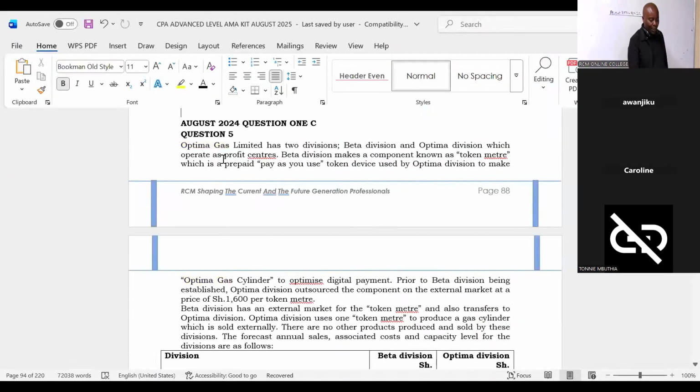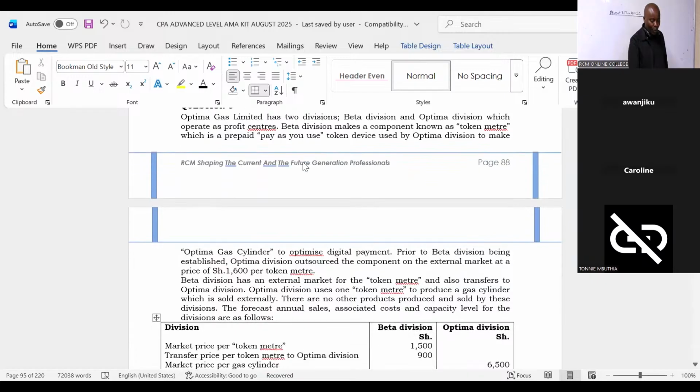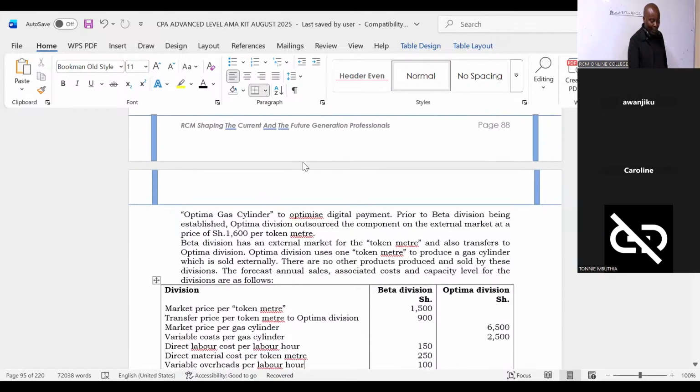So Optima Gas Limited has 2 divisions, Beta Division and Optima Division, which operate as profit centers. Beta Division makes a component known as token meter, which is a prepaid pay as you use token device used by Optima Division to make Optima gas cylinder.